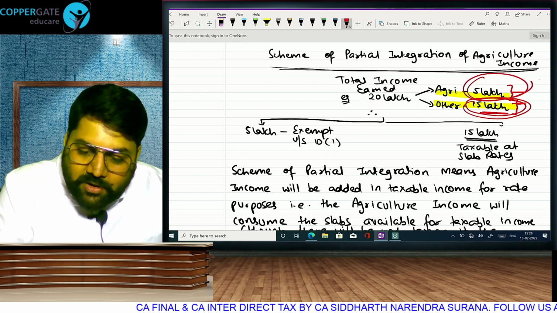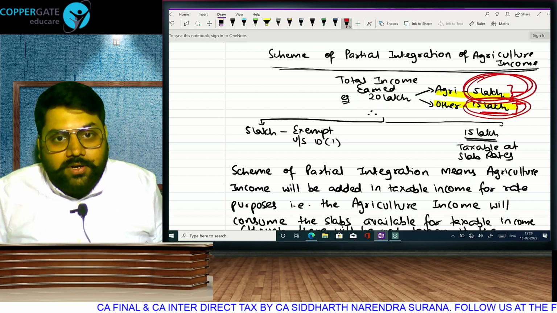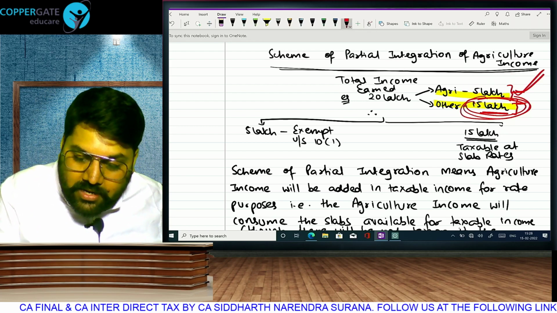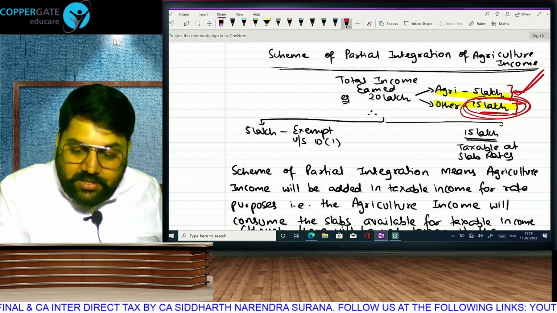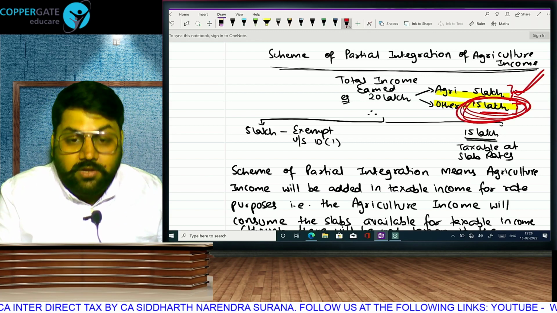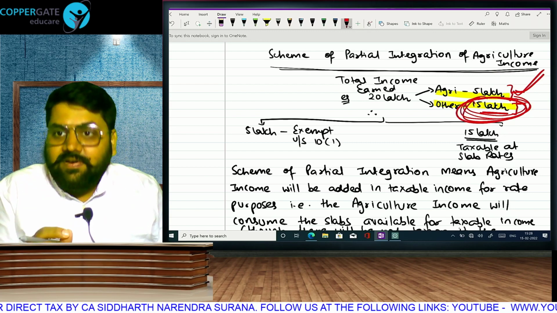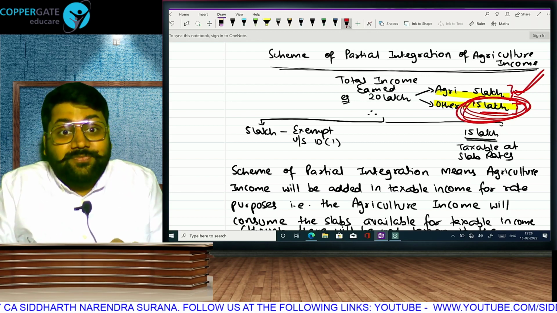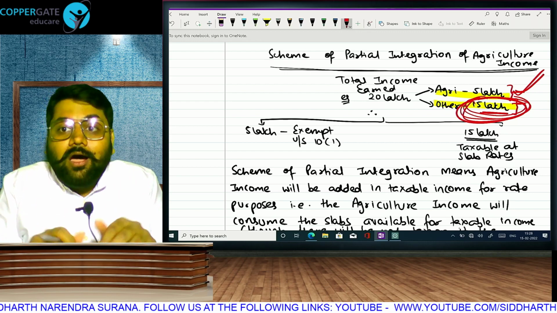This income we will not tax. But because you have taken this benefit, on your other income, that means 15 lakh rupees, which we have the right to tax, we will tax it at a higher rate. Not the same slabs which are available to everyone, but a higher rate.